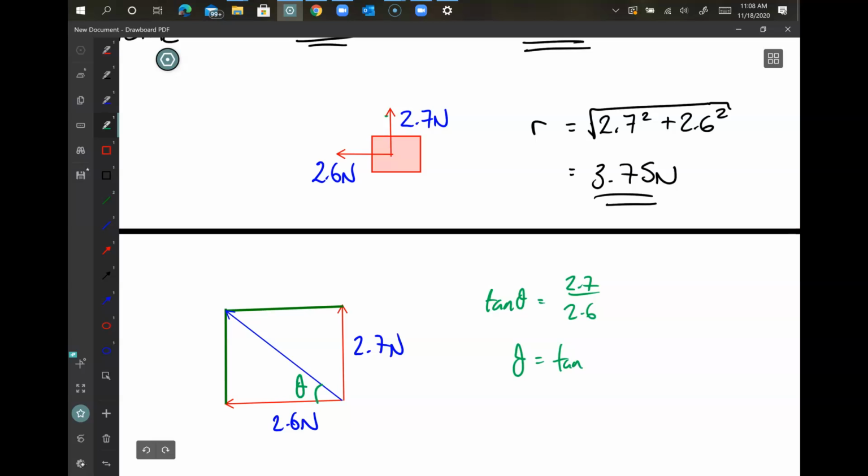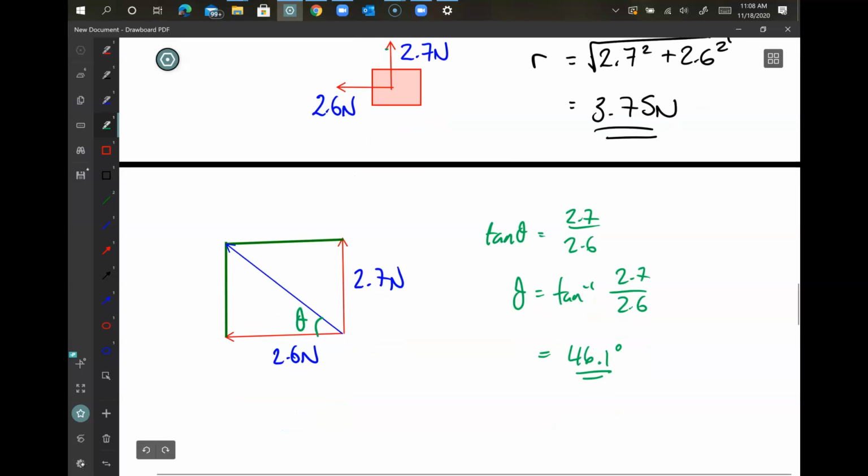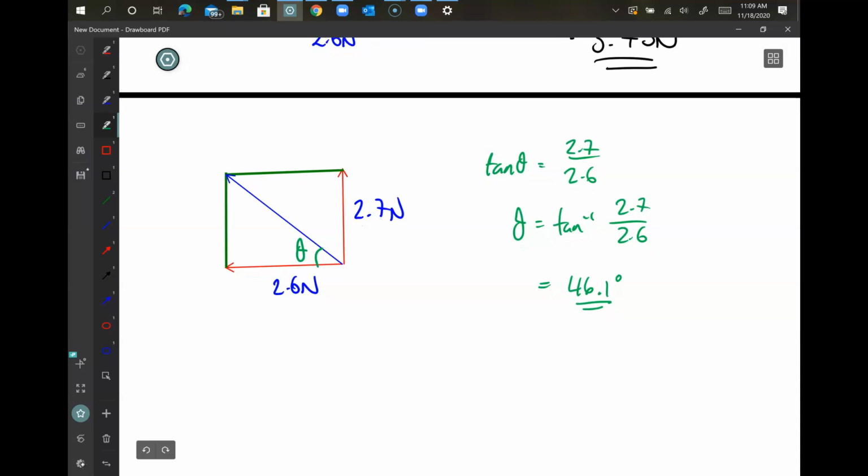Theta is the inverse tan of 2.7 over 2.6, which is 46.1 degrees.